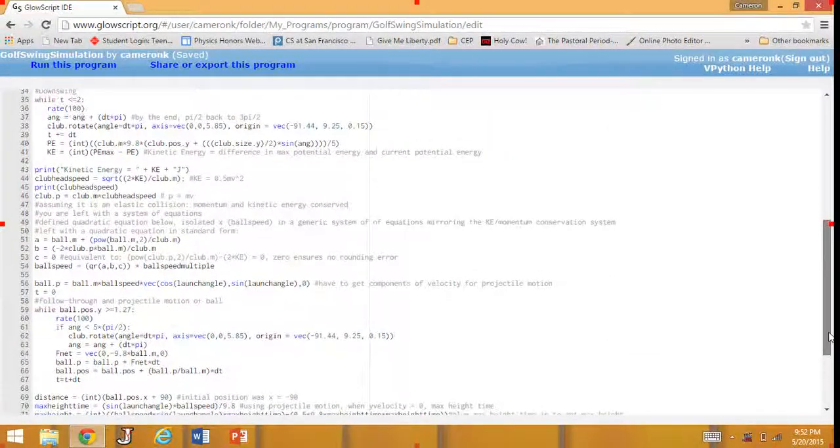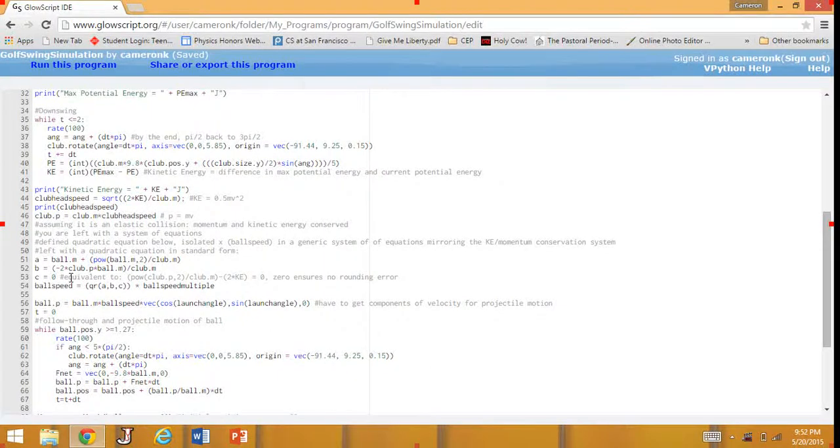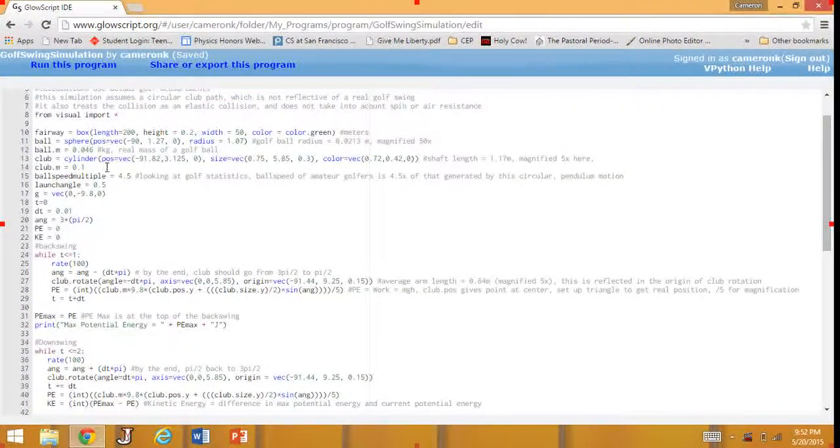So going back to the code, as I mentioned before, I found a, b, and c, and then I plug it into the quadratic formula function I defined below. And the ball speed multiple, I defined that earlier, so I set it to 4.5 right here.